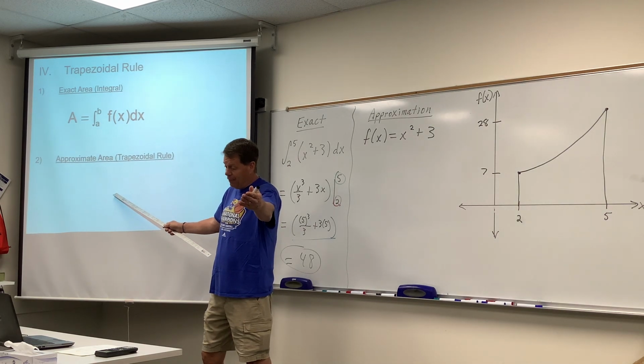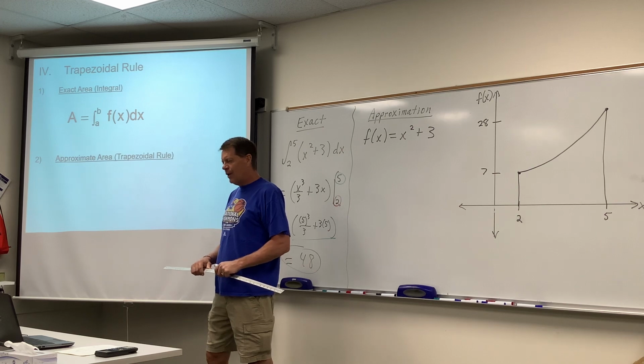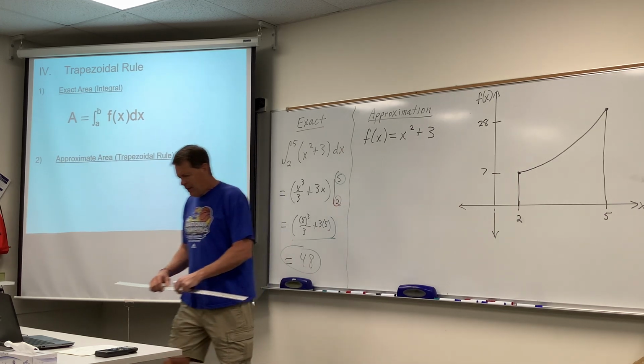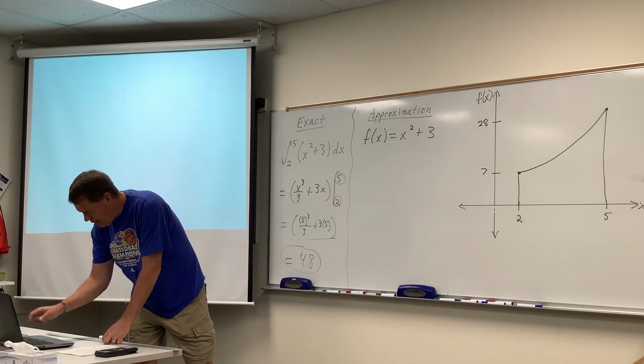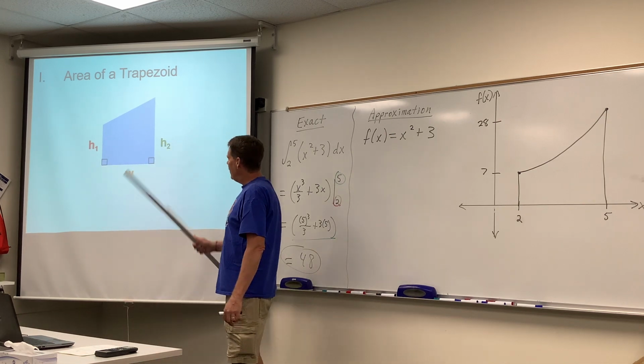You already have it, as a matter of fact. So I'm trying to build this formula right here that's going to be on this screen as to how we do this. The first idea is that we would establish the general formula from geometry. What is the general formula for the area of a trapezoid?